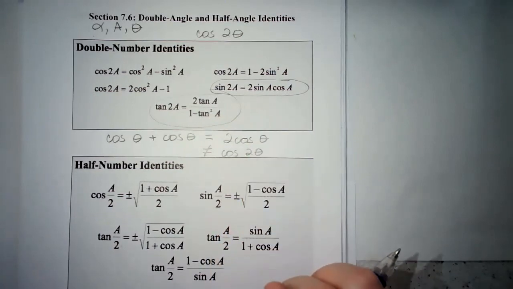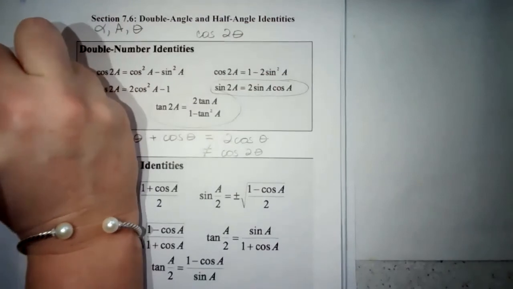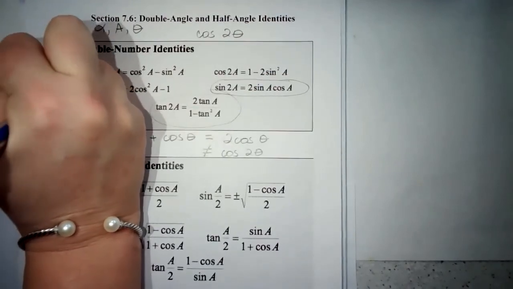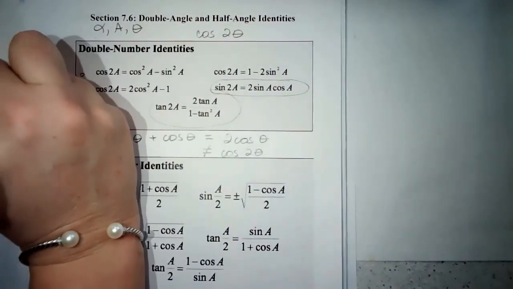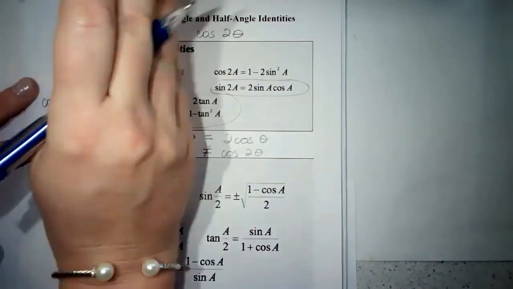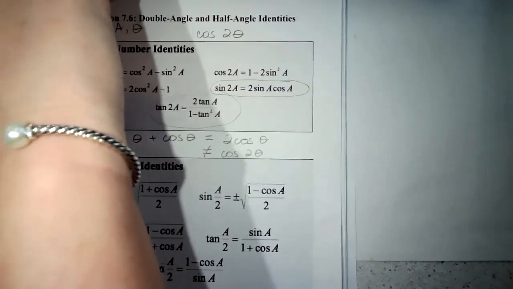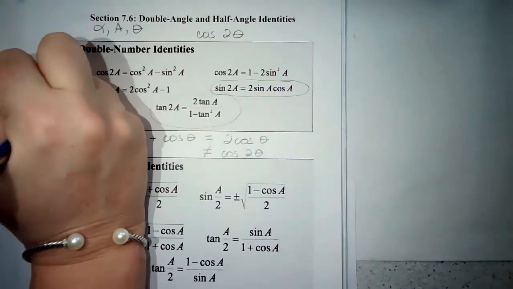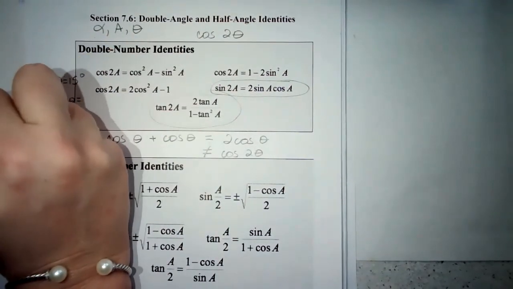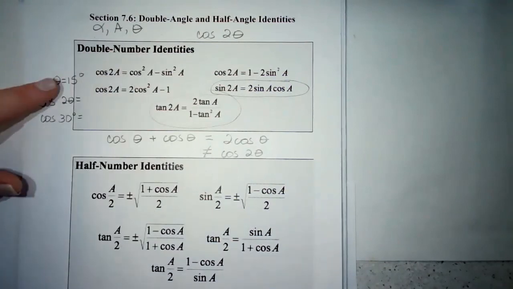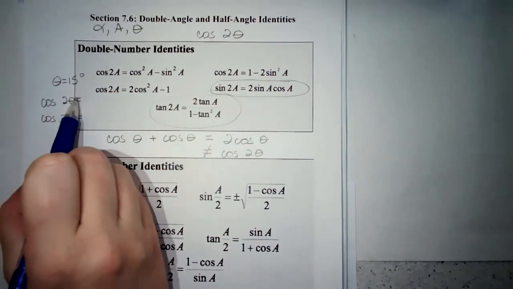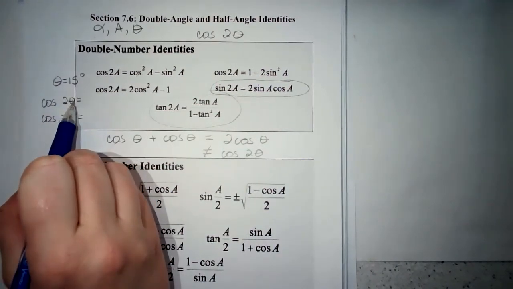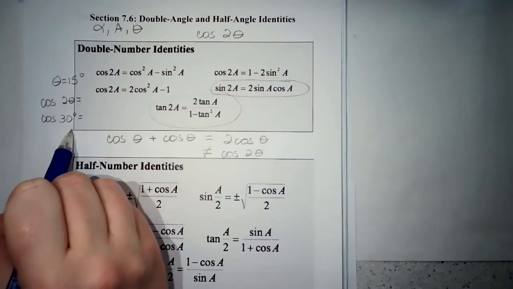This would be the situation where, for example, let's say theta is 15 degrees. Well, cosine of 15 degrees, or you could make it 2 theta, which would be cosine of 30 degrees. What you're doing is doubling just the angle when you put that 2 there, not the cosine. You're doubling whatever this is. So if this is 15, you're dealing with cosine 30, okay?